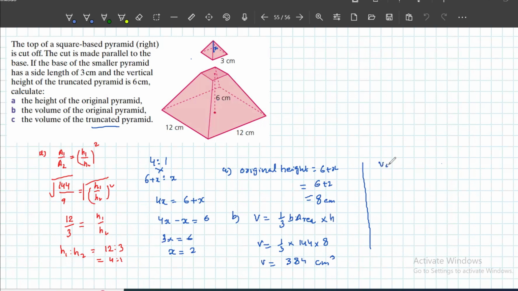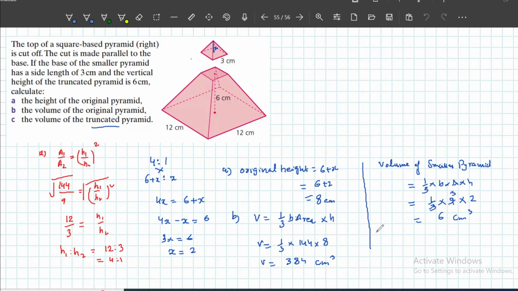Again the rule is the same, 1 over 3 base area multiplied by height. So 1 over 3, base area is 9 as it is squared, height is 2, and then 3 can cancel 9, so 3 twos are 6. This is the volume of the smaller pyramid.